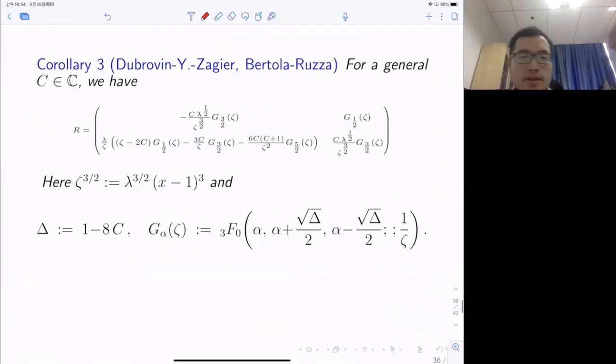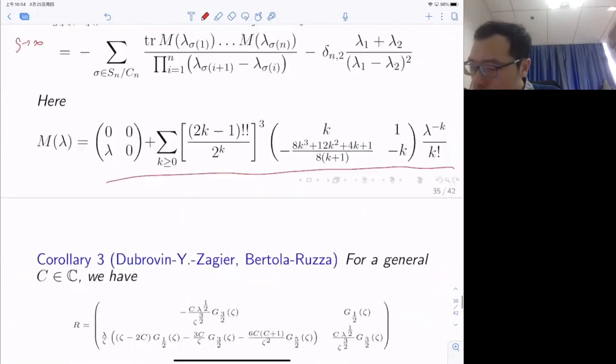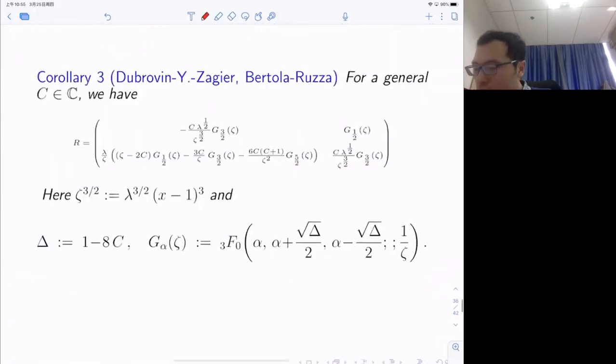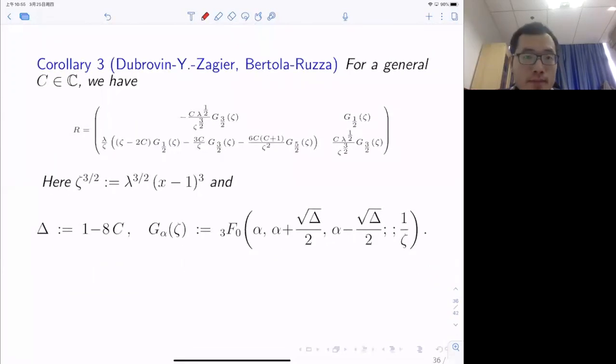For arbitrary c, instead of c equals 1/8, you can also get this. Sorry, this is R, because we always use R. For general c, this R is given by the hypergeometric 3F0, and this was also independently given by Marco Bertola and Giulio Ruzza.